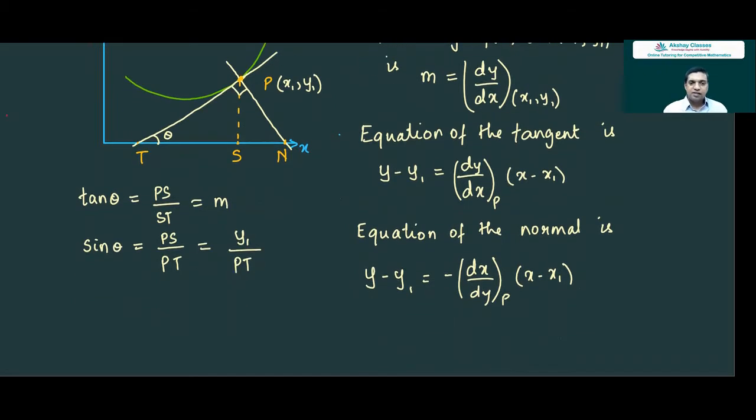All right. So tan theta is this. So sine theta by trigonometric ratio, if tan theta is m, sine theta will be m upon root of 1 plus m square.